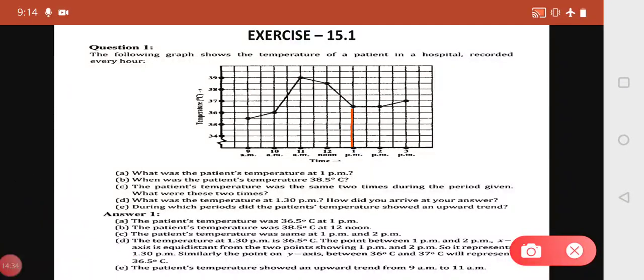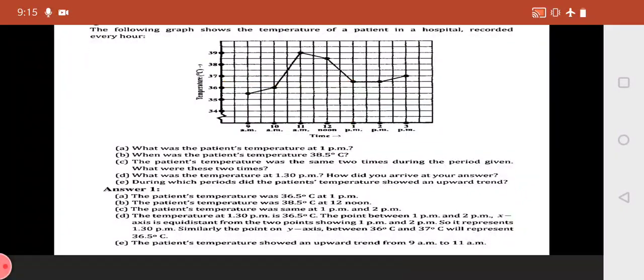This is the middle line, this line is going across. So this is the line. It is coming between 36 and 37, the midline of 36 and 37. So the patient's temperature at 1 p.m. is 36.5 degrees Celsius. So we write the answer: the patient's temperature was 36.5 degree Celsius at 1 p.m.